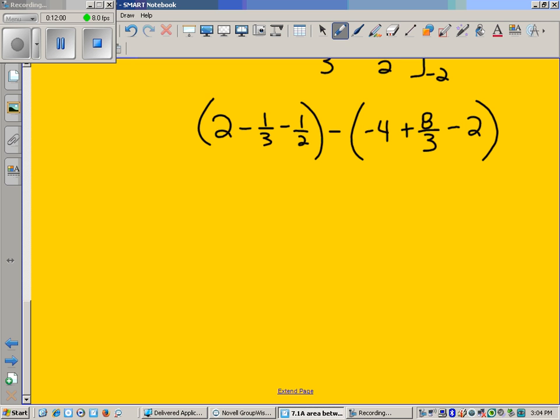All right, will you simplify that for me, please? Will you get a common denominator and combine like terms, and let me see what you get for your area in between f and g.